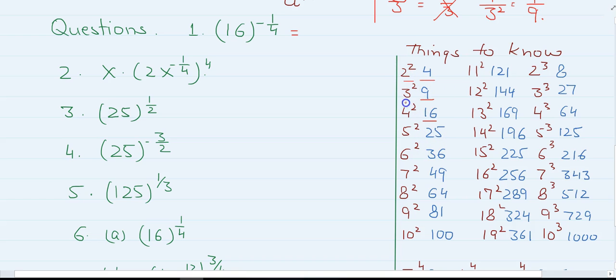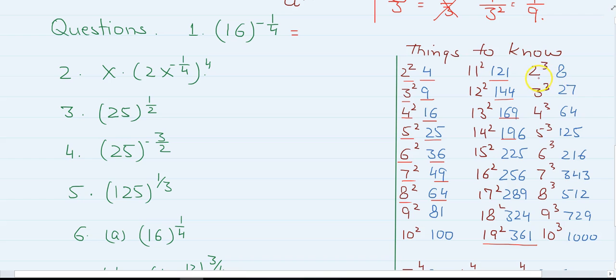That 2 square is 4, 3 square is 9. What number we square to get 16? That is 4. What number we square to get 25? That is 5. So 6 square is 36, 7 square 49, 8 square 64. You must know all these numbers, the square numbers till 19.